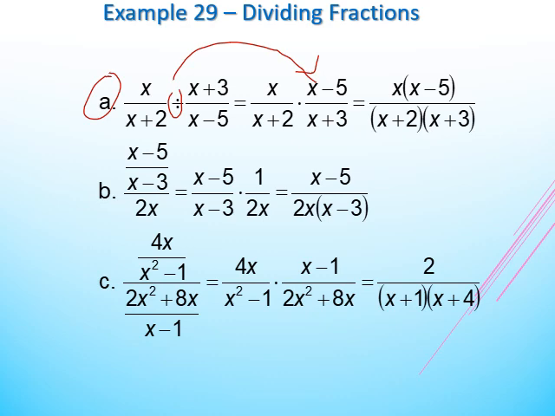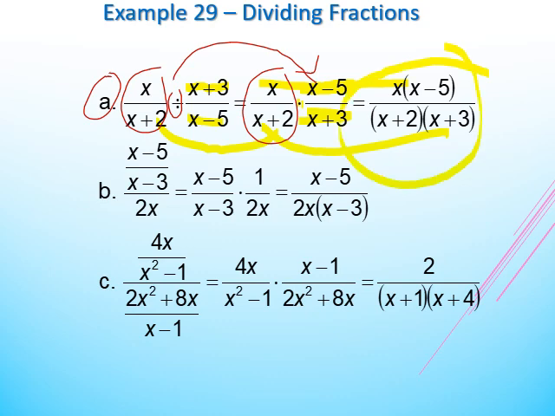The first term remains the same, and for the second we swap the numerator and denominator. Here x over x plus 2 is the same, multiplied by x minus 5 over x plus 3. Then we multiply numerators by each other and denominators by each other, so the result will be x times x minus 5 over x plus 2 times x plus 3.